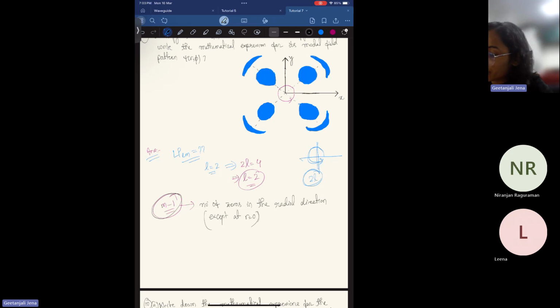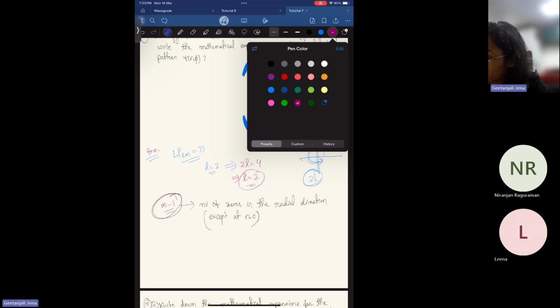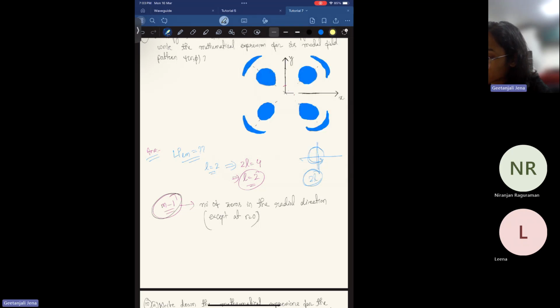So let us see. When you are going in this radial direction, this is the radial direction, right? You can see there is a 0 here, but we are not considering the origin point, and there is a field here.